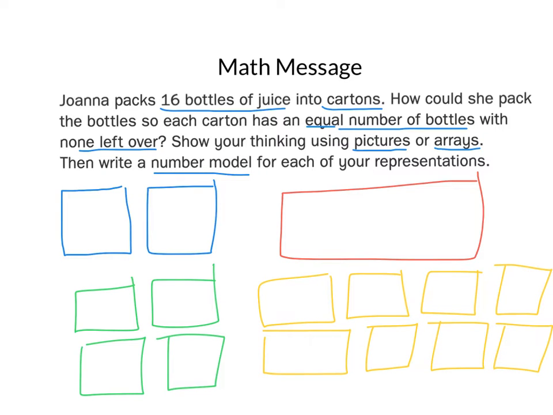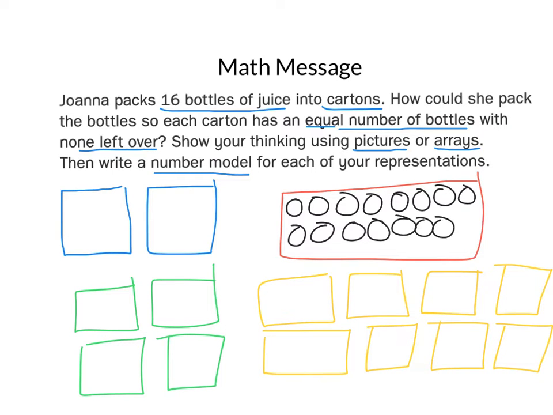All right, I got some things set up for you while you were working, and we're going to get started. So if she has 16 bottles of juice and she wants to put them into cartons, one thing that she could do is have just one carton and put all 16 bottles of juice in there. So I have 4, 5, 6, 7, 8, 9, 10, 11, 12, 13, 14, 15, 16. So the factors, the number model we have here, we have one group of 16.